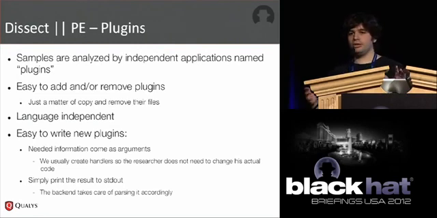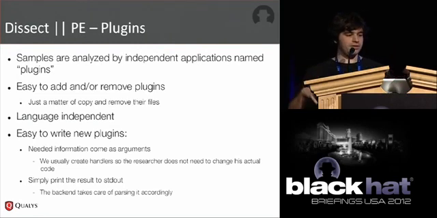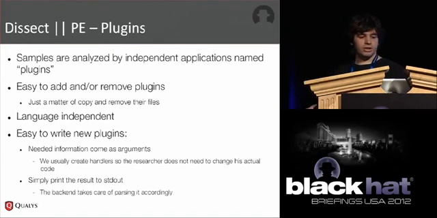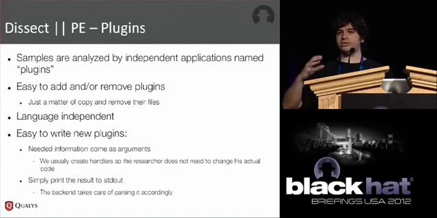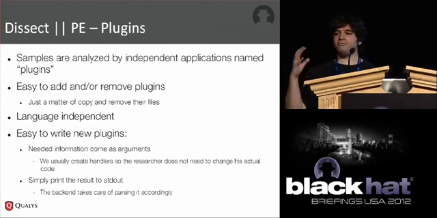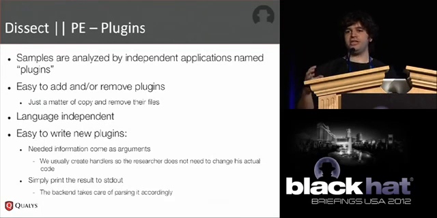We'll talk a little bit about plugins here, because it's a flexible point. For us, each algorithm, each piece of code that analyzes samples, is called a plugin. They are very easy to add to our architecture. It's just a matter of putting the files with the code in specific directories in our system, and DissectPE does all the rest.